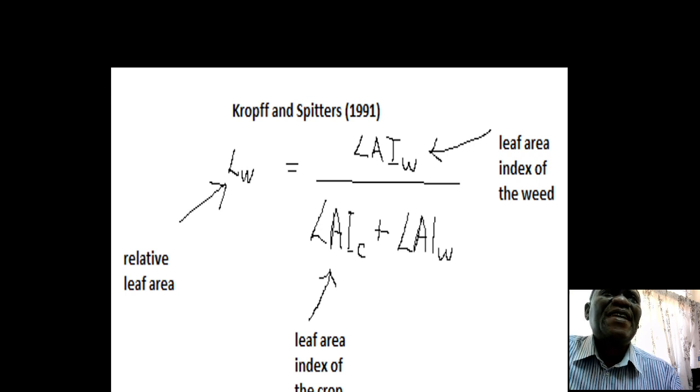So relative leaf area, which is LW, was defined as leaf area index of the weed divided by the leaf area index of the crop plus leaf area index of the weed. So you would use that value LW in your graphs.